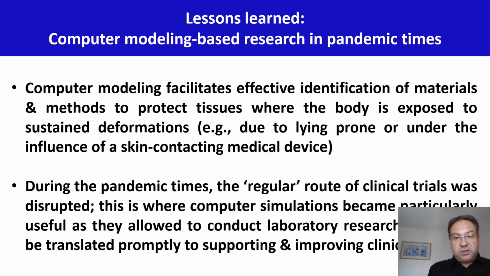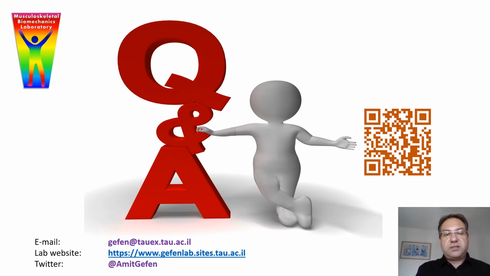And since the regular route of clinical trials was disrupted during the pandemic, this is exactly where computer simulations became so useful, as they allow to conduct laboratory research promptly and effectively to support and improve clinical practice almost immediately by providing concrete conclusions that can be translated to the clinical setting.